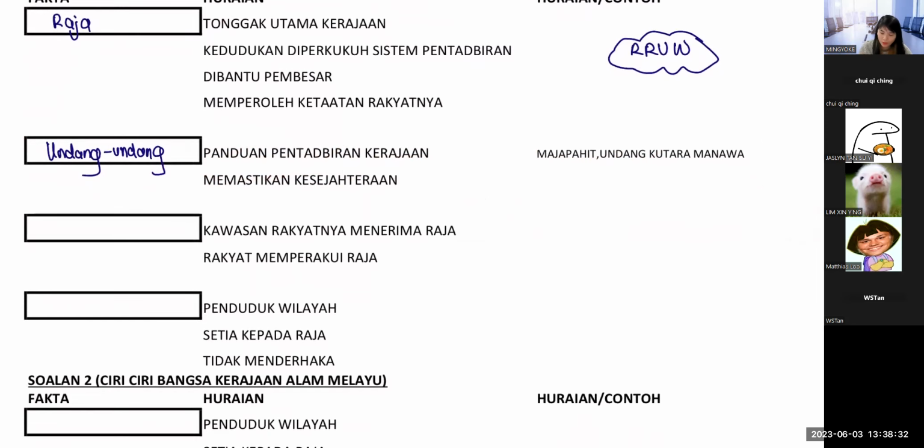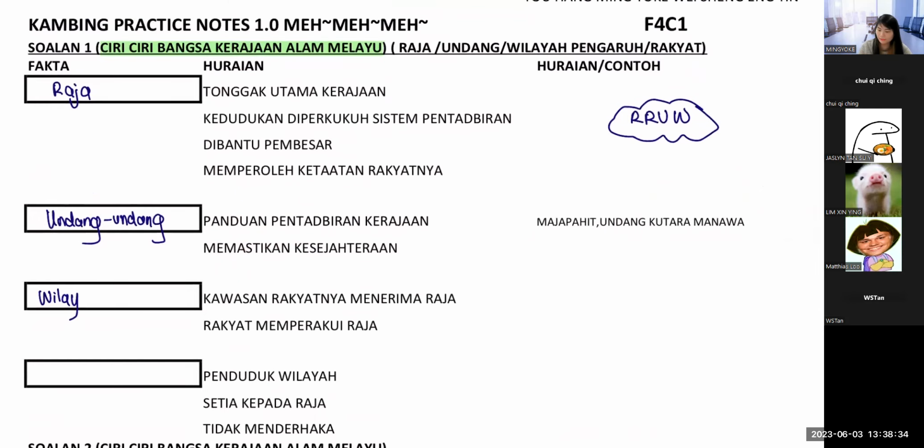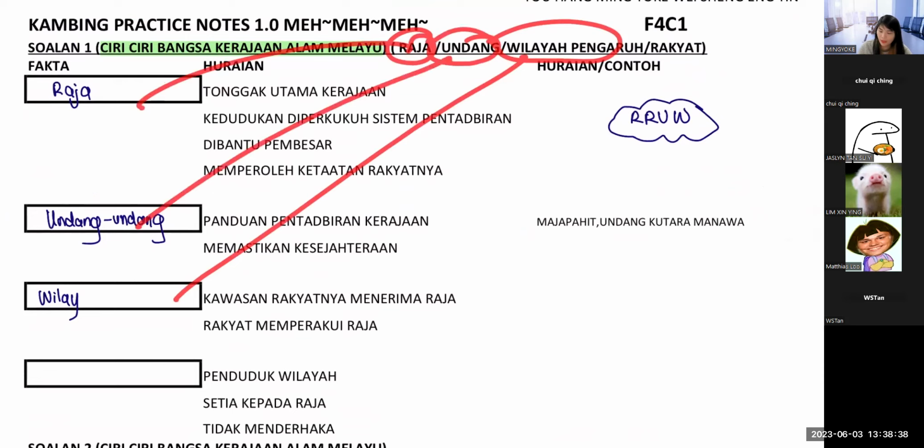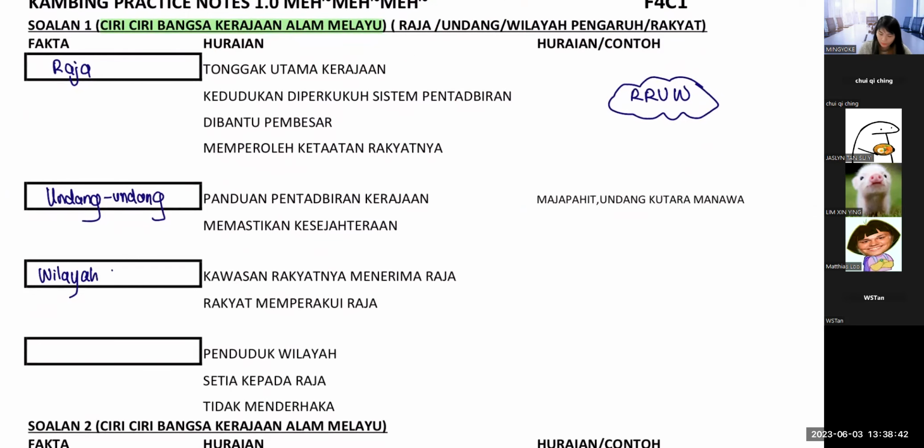Then this one will be your wilayah pengaruh. Now here, you follow the sequence. The first one Raja, the second one undang-undang, the third one wilayah pengaruh. What is wilayah pengaruh? Wilayah pengaruh is a place, the place that they have influence over. So kawasan rakyatnya menerima raja and rakyat memperakui raja. So they only have 2. You remember 2 enough.